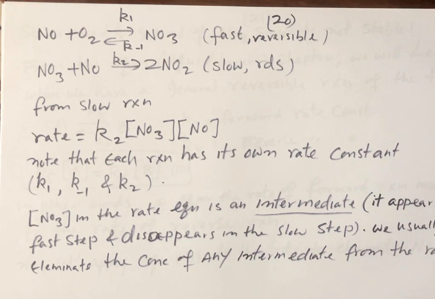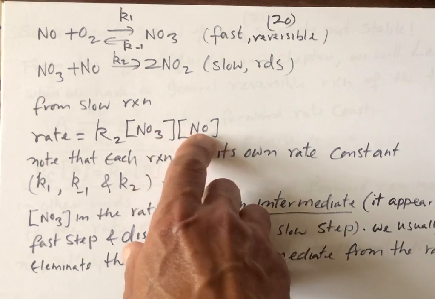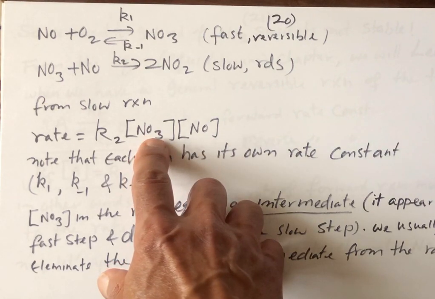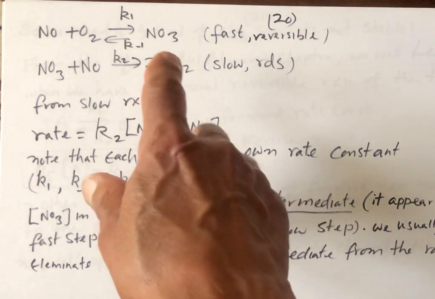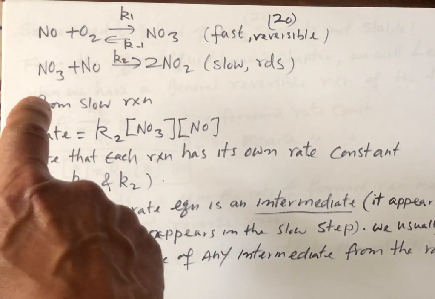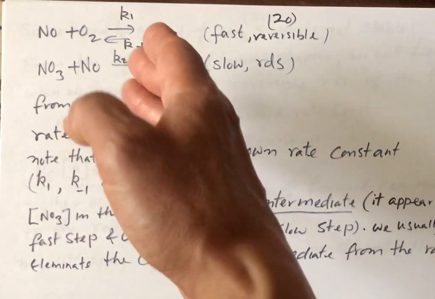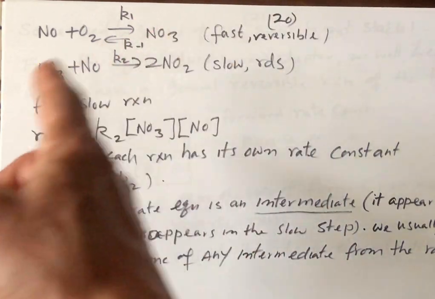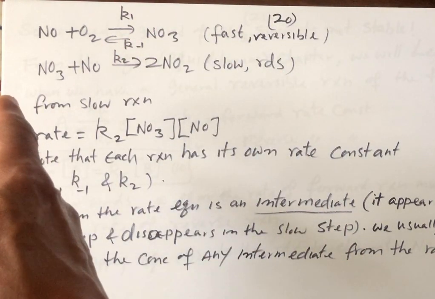Now, in order to see if this is a plausible reaction, we basically have to take a look at the components of this. One of the components is NO3. NO3 appears in the fast step and then it disappears in the slow step. So, in other words, it's a product in one step and it's a reactant in the other step.